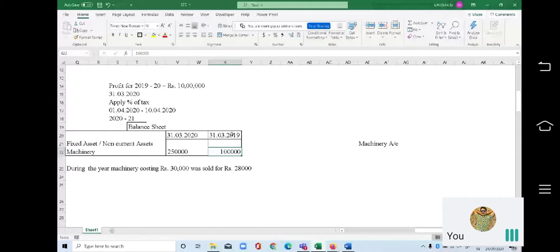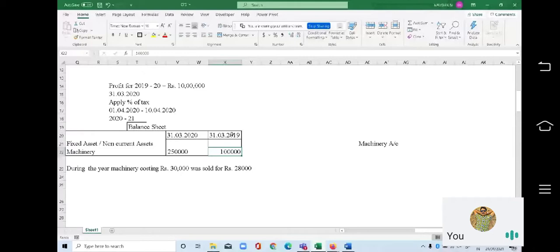Always remember, in a fixed asset account, the opening balance will be debited. So in the machinery account, on the debit side, I'll write To Balance b/d, and the value is going to be rupees 1 lakh.